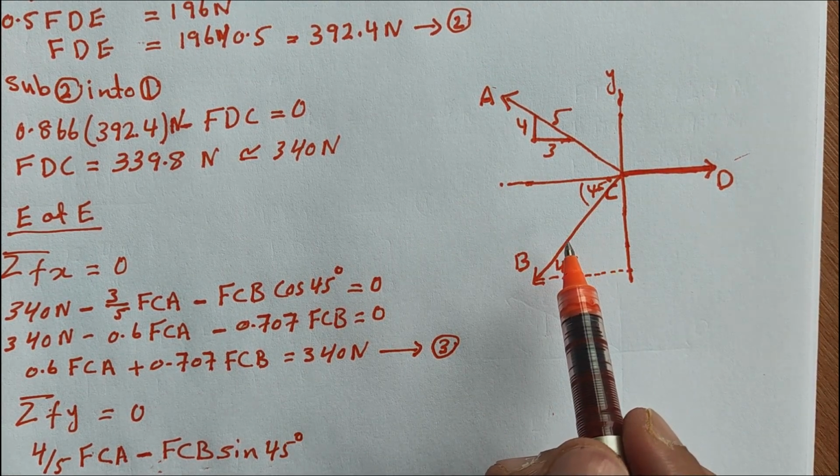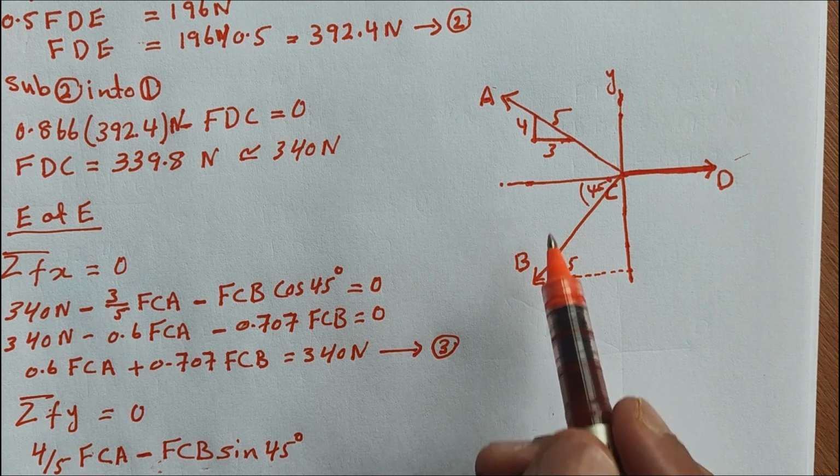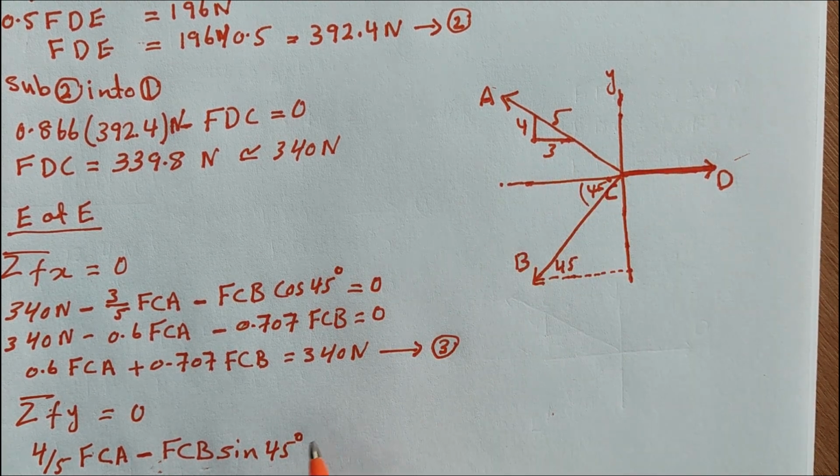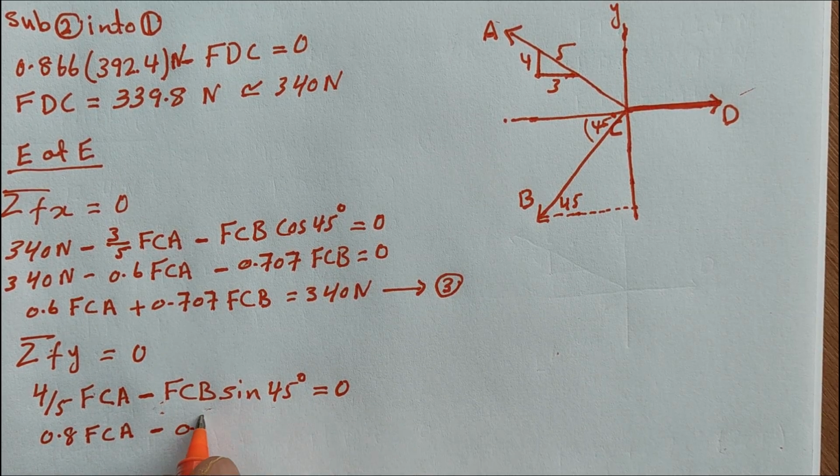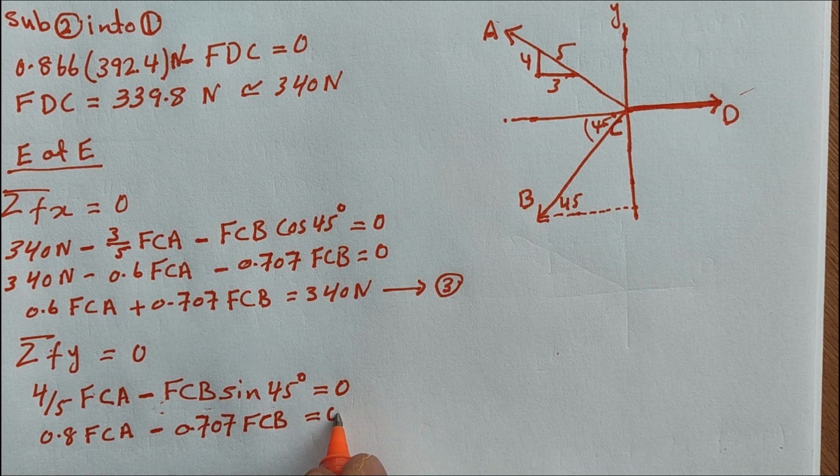And we don't have anything else in the y direction, so we can say this equals 0. So 4/5, it's 0.8 FCA minus 0.707 FCB. That should equal to 0.